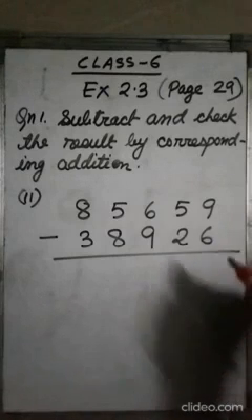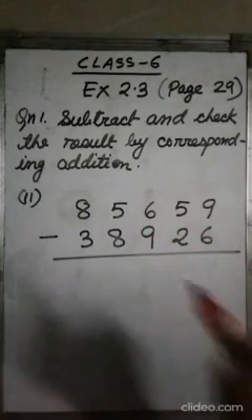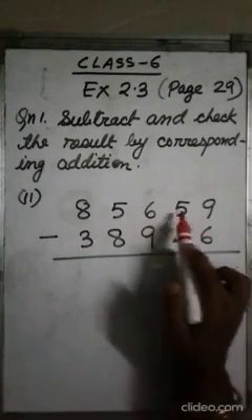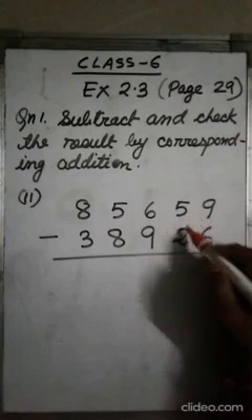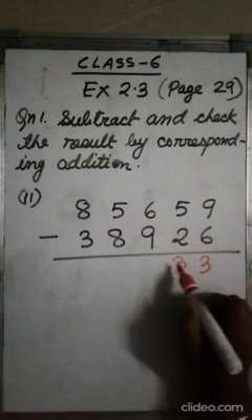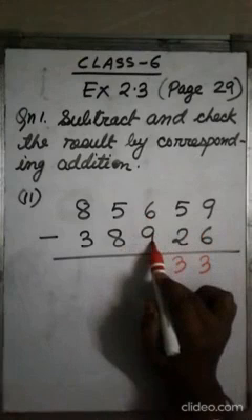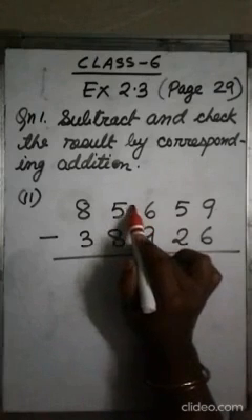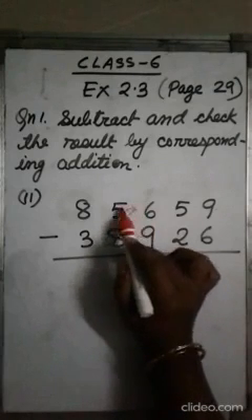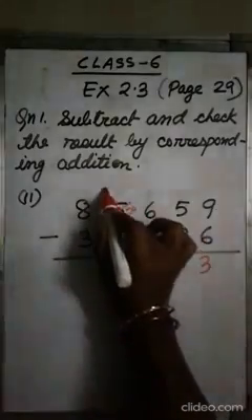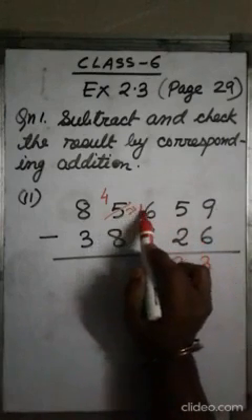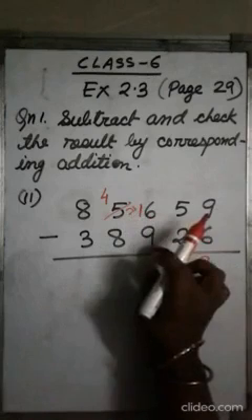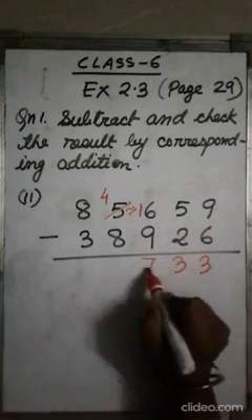So we have to subtract the number from this number. 9 minus 6 is 3. 5 minus 2 is 3. 6 minus 9 we cannot subtract because 9 is greater than 6. We have to take 1 from 5, so it will become 4. It is 16 now, as I have taken 1. 16 minus 9 is 7.